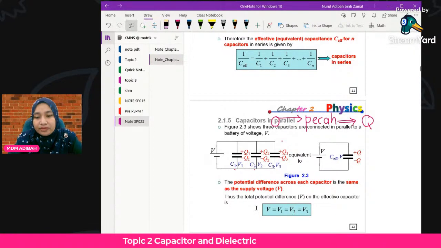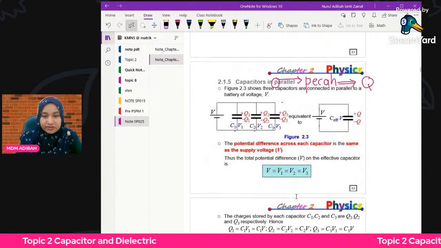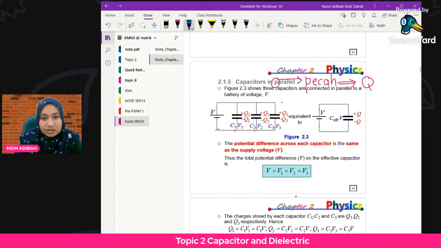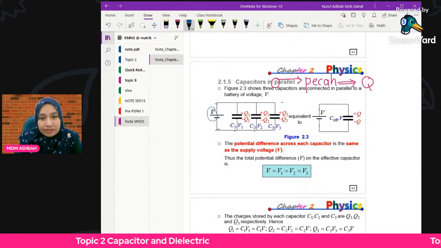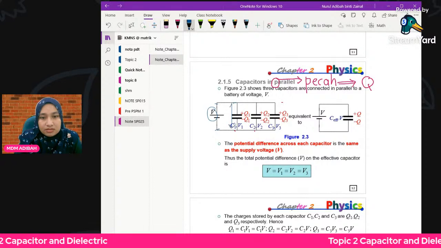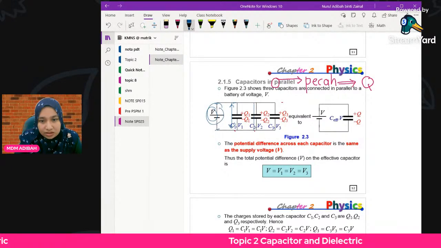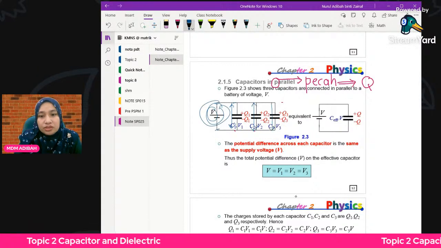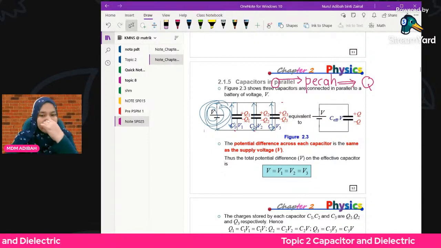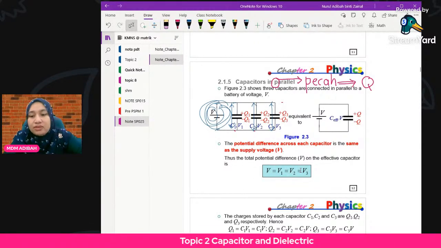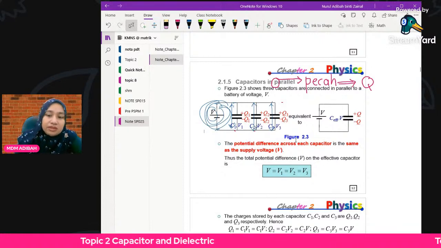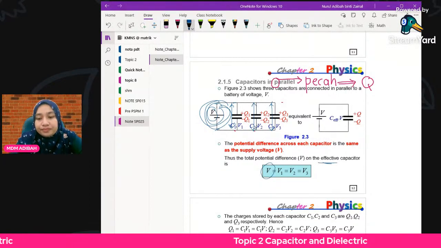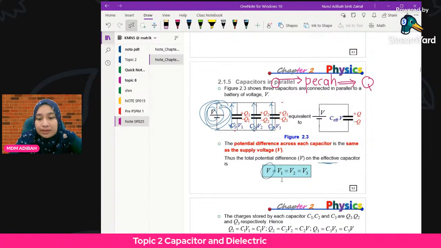Sebab dekat sini potential difference kita boleh consider daripada sini ke sini adalah V. Daripada sini ke sini juga masih V. Daripada laluan sini yang ada kapasitor C2 pun masih V juga. Di laluan sini pun potential difference masih V. So V1 sama dengan V2 sama dengan V3 sama dengan V efektif. Kita panggil V efektif, atau V total daripada power supply.